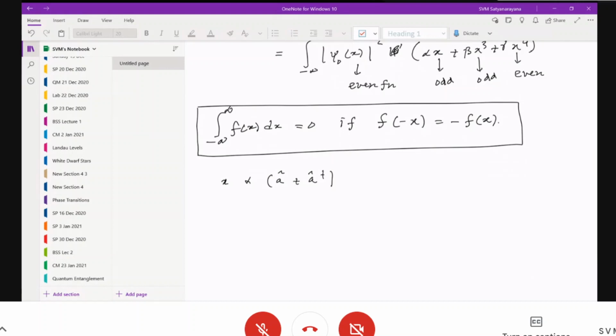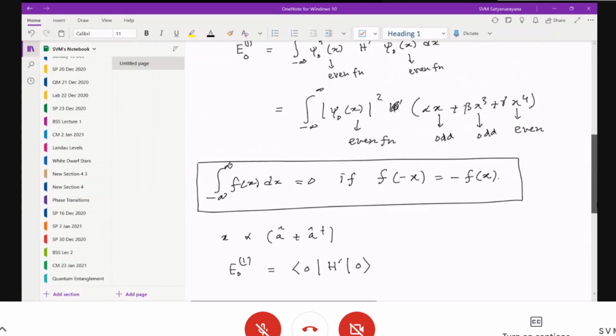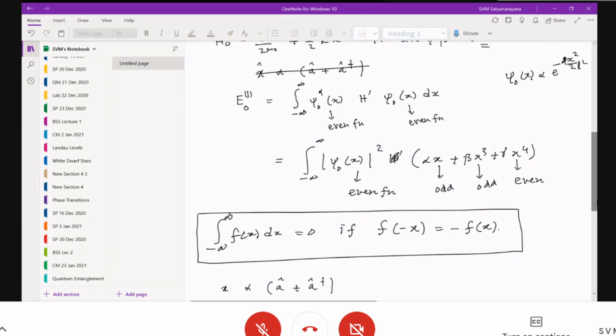Now, when you are trying to take E01, the first order correction, that is going to be equal to, in Dirac notation, 0, h prime, 0. This argument was for the ground state.